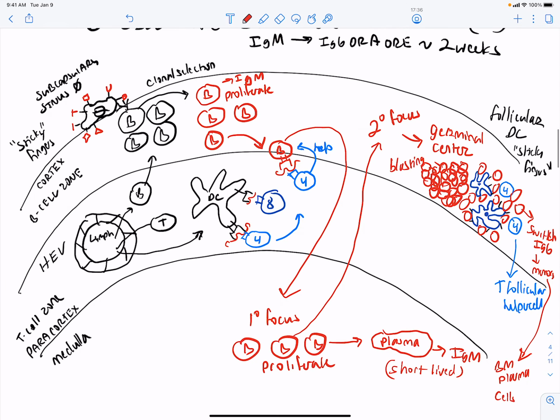Okay, so all of this has to happen for B cells in order to become a memory cell and to also undergo isotype switching.